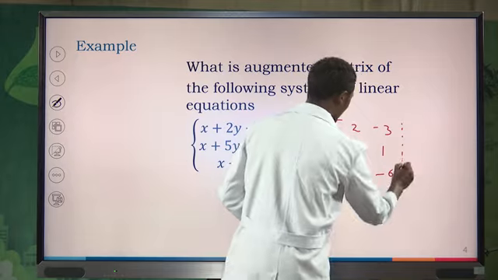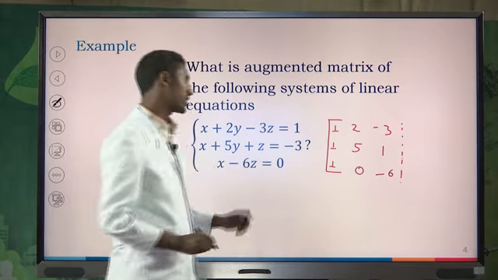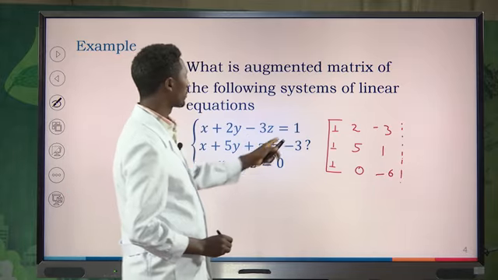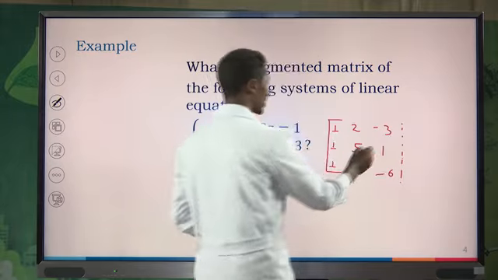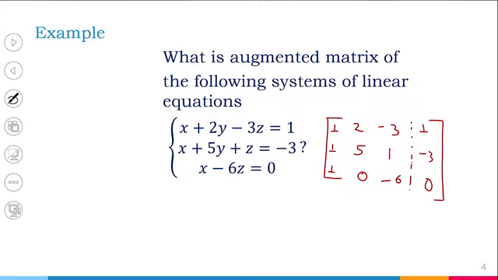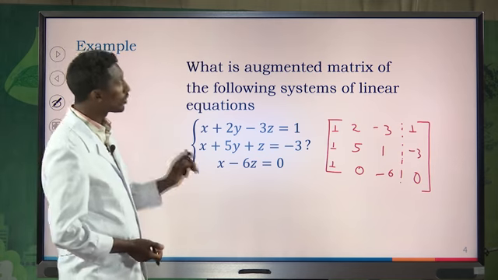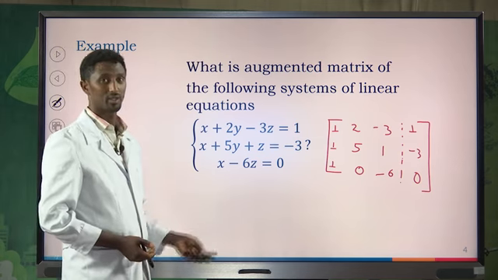So the augmented matrix contains the coefficient matrix with the column matrix B, that is 1, -3, 0. This matrix is what we call the augmented matrix. In solving a system of linear equations, we only need this augmented matrix.